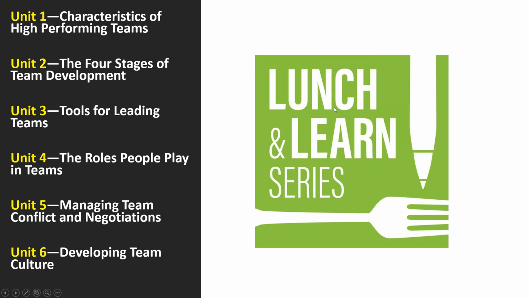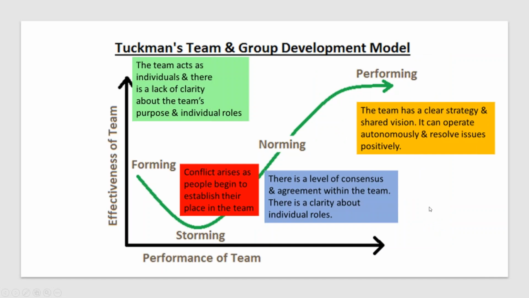So if we just go back and recap what we did 2 weeks ago, you might recall that you would have seen this particular graph, and as you can see in front of you, you've got the 4 different stages that Tuckman talks about, and I really was talking about the different characteristics of each stage and what you need to do as a leader in order to lead people through that stage and onto the next stage.